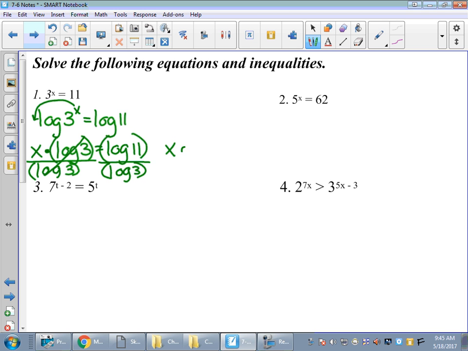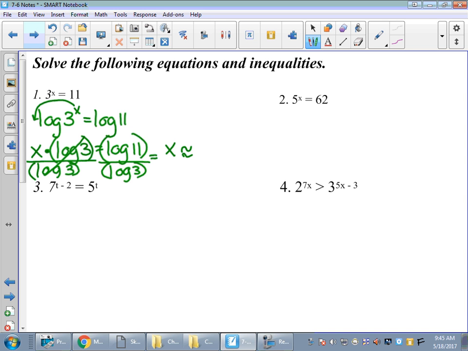So x, I'm going to put squiggly equal sign. That's approximately. Now I'm going to use my calculator. You got to make sure that you hit equals in between. You don't want to take the log of 11 times the log of 3. So make sure you hit equals after you hit log 11. So if you hit log 11, enter, that gives you 1.0413 divided by log 3, enter.